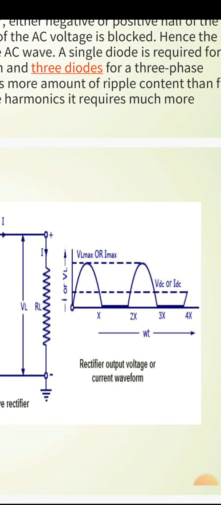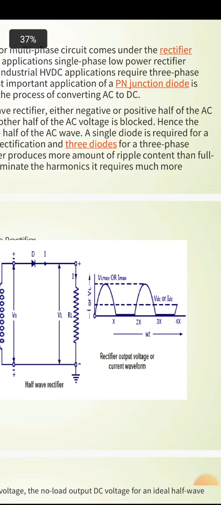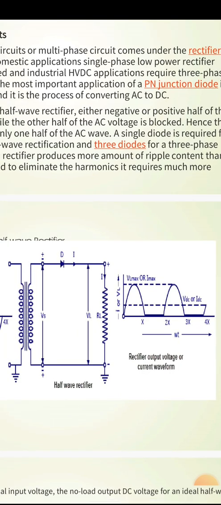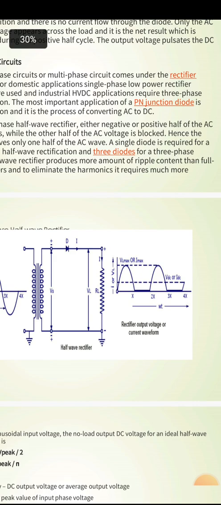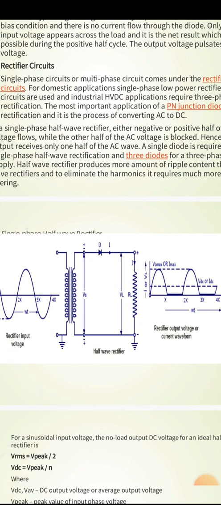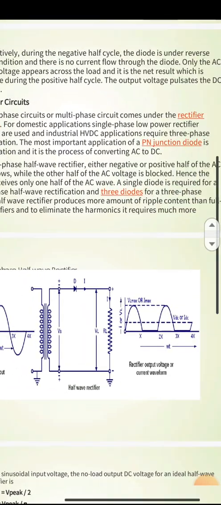That's why from 3x to 4x it is zero. And the rectifier's output voltage or current waveforms, 3 diodes for 3 phase. Half wave rectifier produces more amount of ripple content and harmonics, so it requires much more filtering.